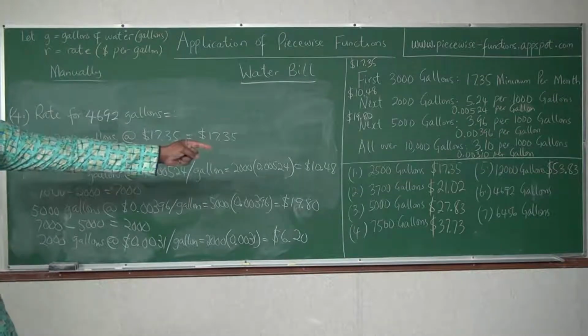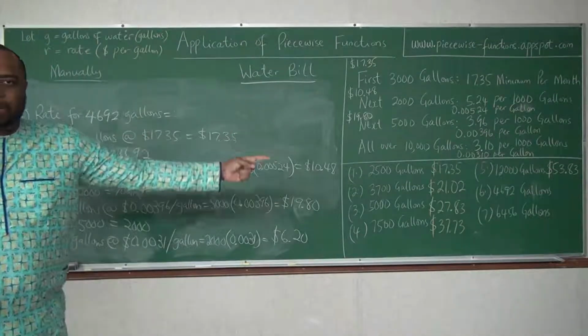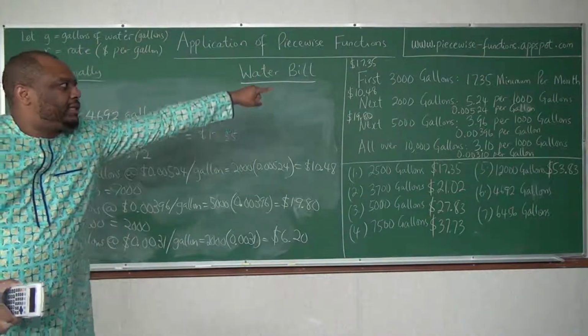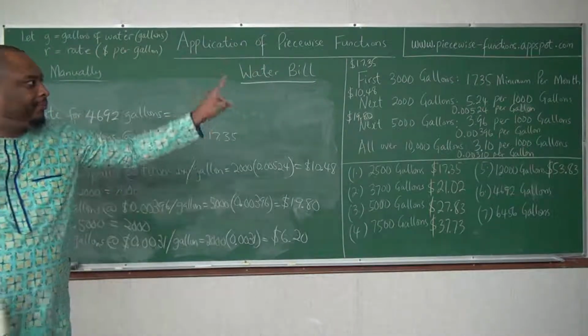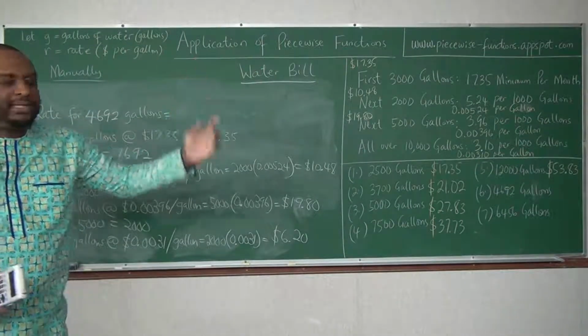For 4,692 gallons, the first 3,000 gallons falls in the first piece, that's $17.35.